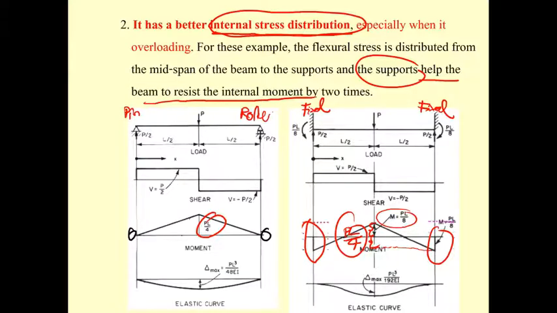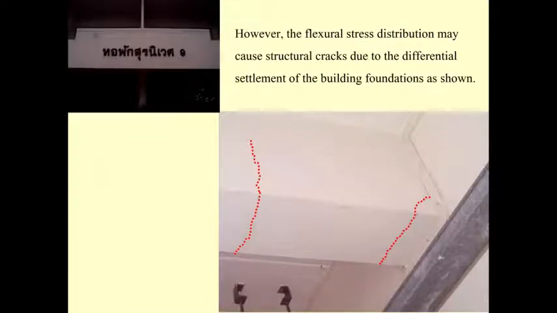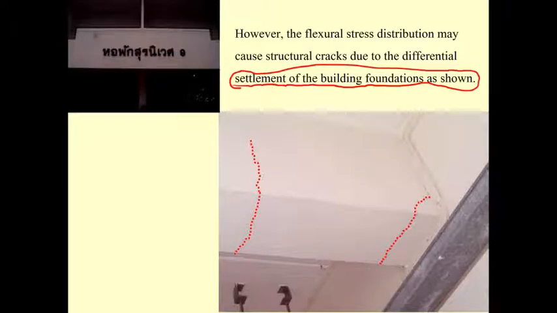Next, the bad effects due to the redistribution of the stress when the structure has some kind of settlement. You know settlement of the building foundation, right? That occurred in the S9 dormitory. That's my dormitory.